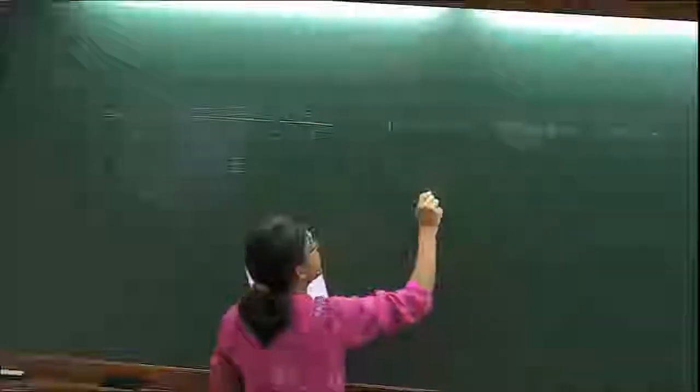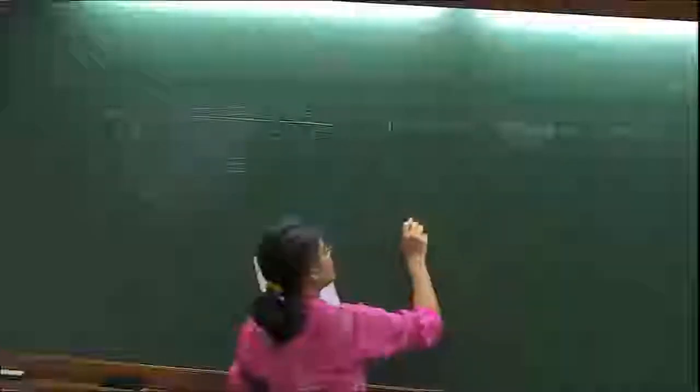So SL3 mod n is of type A1, SL4 mod n is of type A3, SL5 mod n is of type A6, and SP4 mod n is of type B2.